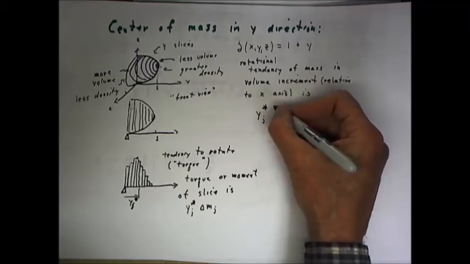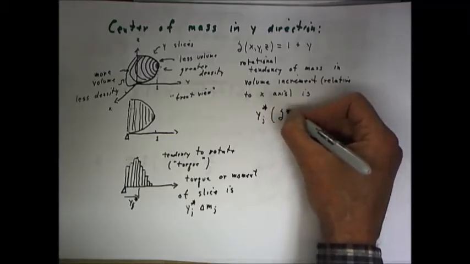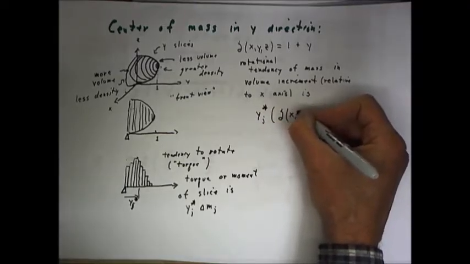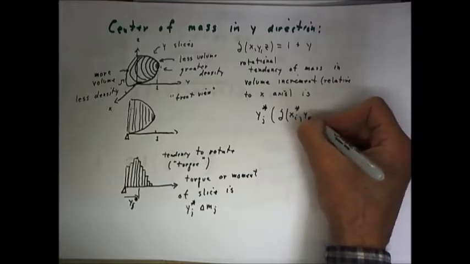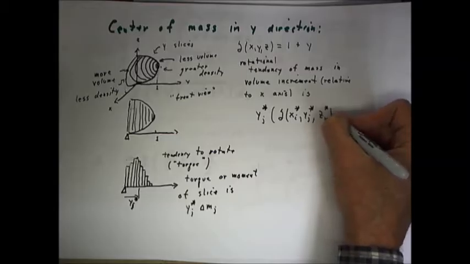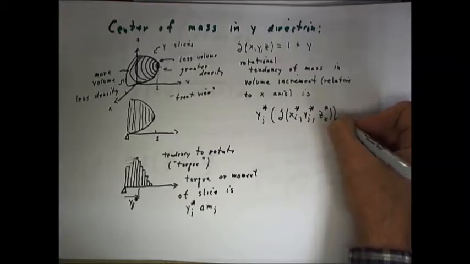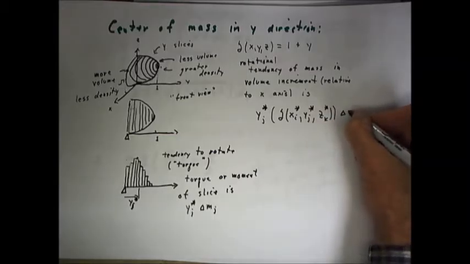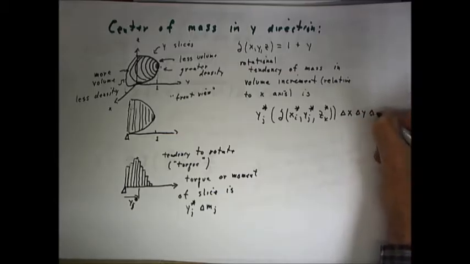And the mass in that volume increment is nothing but the density at our sample point within the increment times delta x, delta y, delta z.